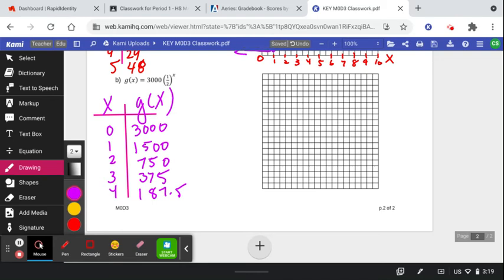Okay, so how do I want to count? On the bottom, I'm just going to count 1, 2, 3, 4. And again, I'm just going to call this the x-axis because there's no other context given. On the side, I need to get up to 3,000. Let's try hundreds.